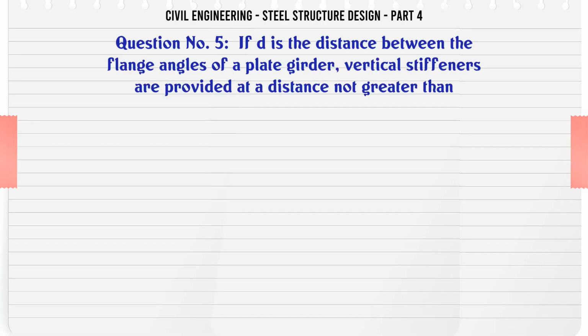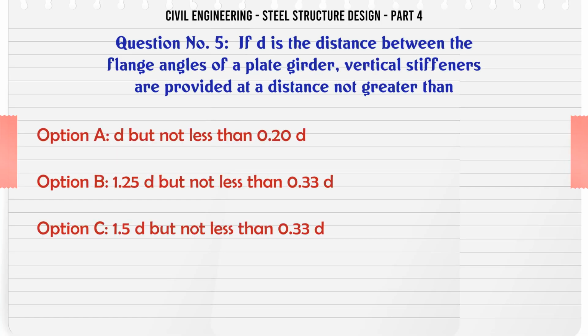If d is the distance between the flange angles of a plate girder, vertical stiffeners are provided at a distance not greater than A) d but not less than 0.20 d, B) 1.25 d but not less than 0.33 d, C) 1.5 d but not less than 0.33 d, D) 2.0 d but not less than 0.50 d.